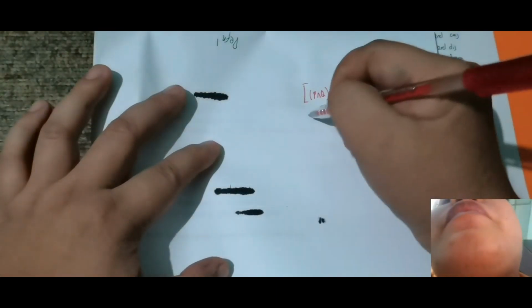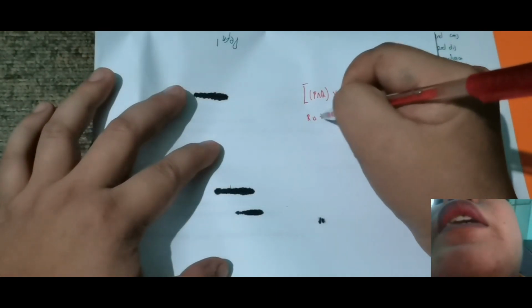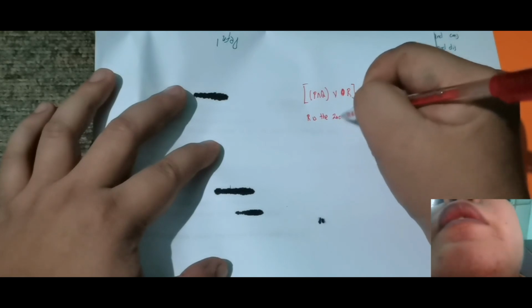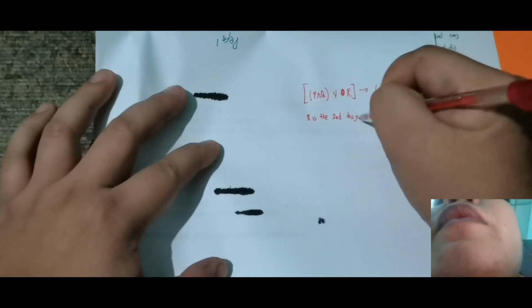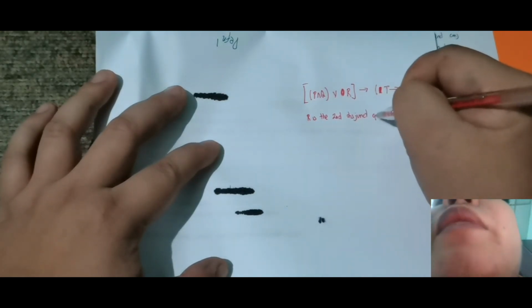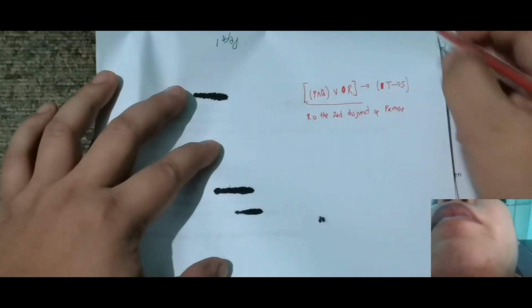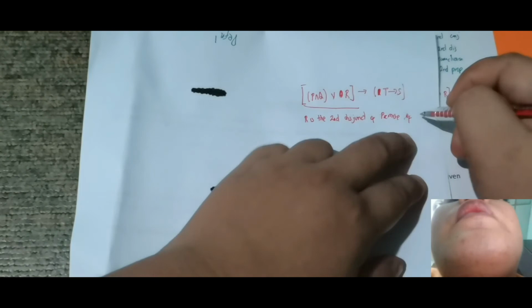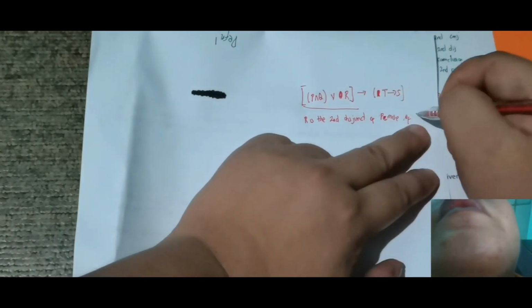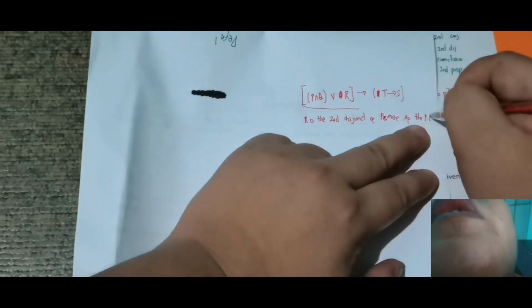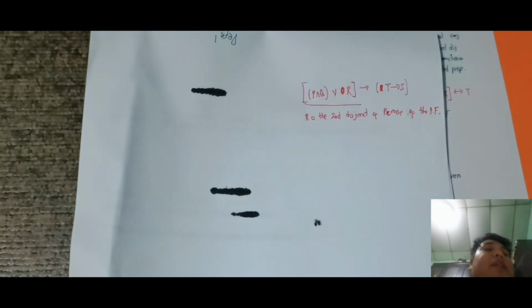So, R is the second disjunct of the premise. Sir, ba't nasabi mong premise agad? Kasi buo na yun. Of the propositional form. Okay, next. Kunin natin si T. So, ano si T?